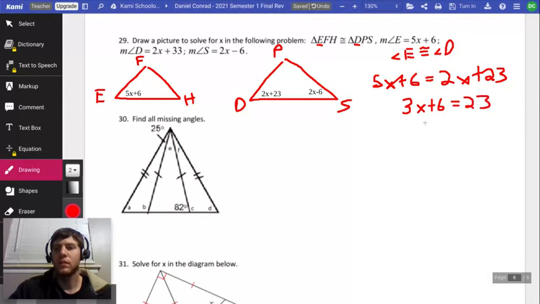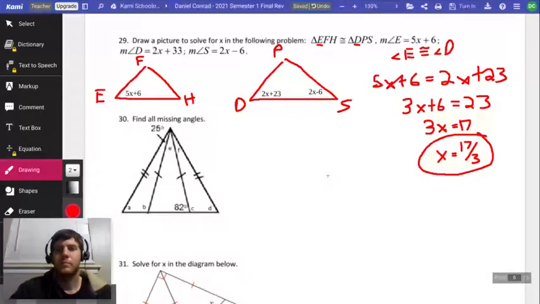Subtract 6 from both sides. So that's going to be 3x equals 17. So then x is going to be 17 over 3. Right, and then if you want to check your answer, you could plug that back in just to check your answer. But I think we're okay there.